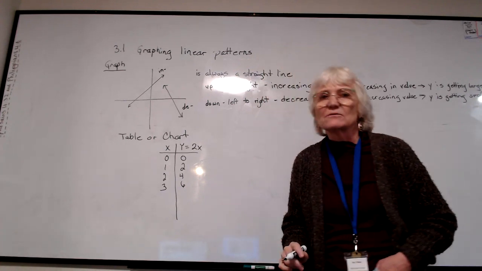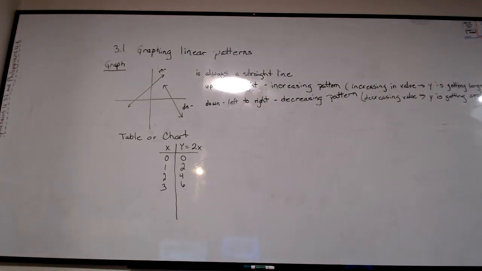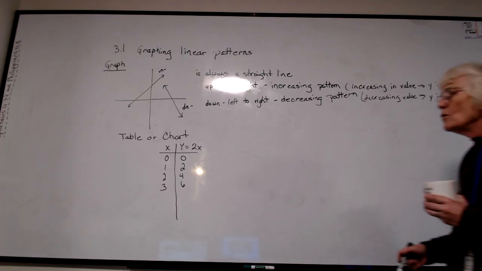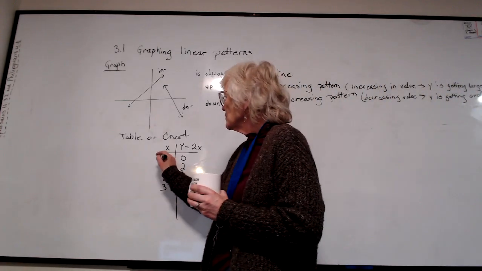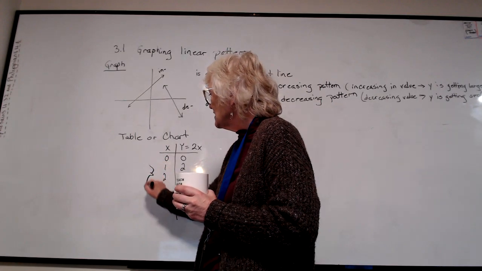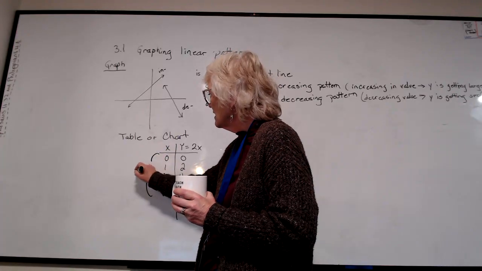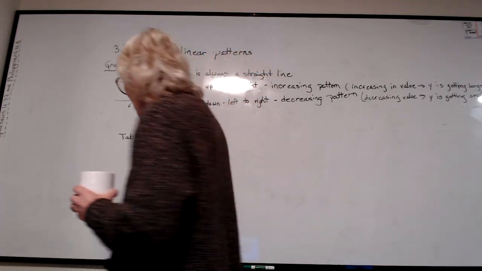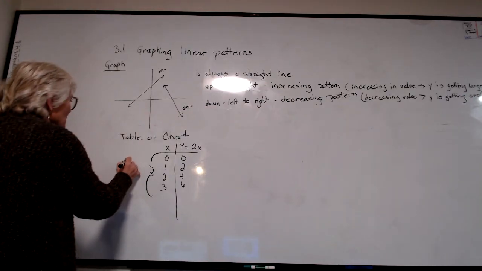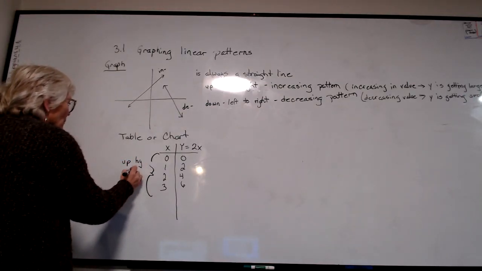I'll let you guys get that written down. I don't want to go too fast. What we want to do, at this point, is have these going up by ones. So your x's right now are going up by ones.